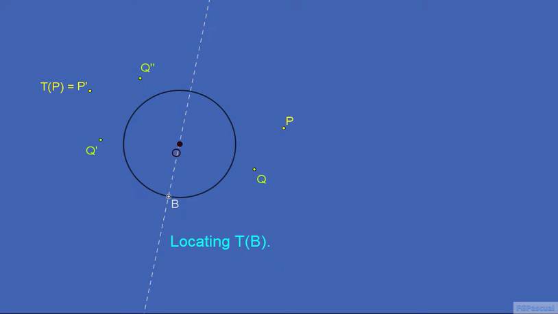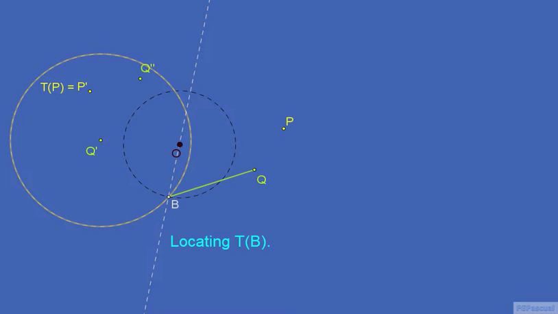T of B should be the same distance to Q prime, which we assume to be T of Q, as B is to Q. And so we draw a circle around Q prime with radius BQ.